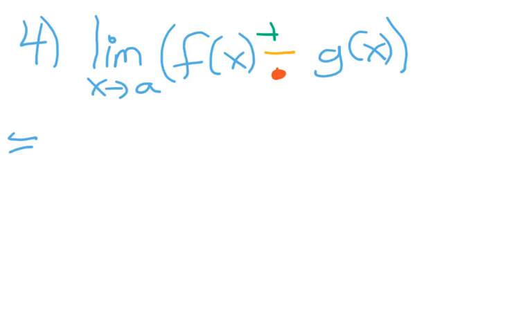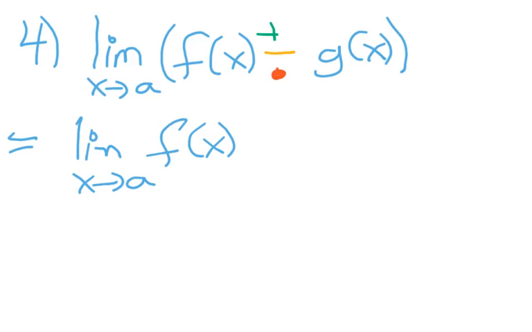The limit of f of x exists, and the limit of g of x exists. What they're equal to doesn't really matter for these rules anyway, and we're allowed to split them up. So that's the limit as x approaches a of f of x, and then either plus or minus or multiplying the limit as x approaches a of g of x.